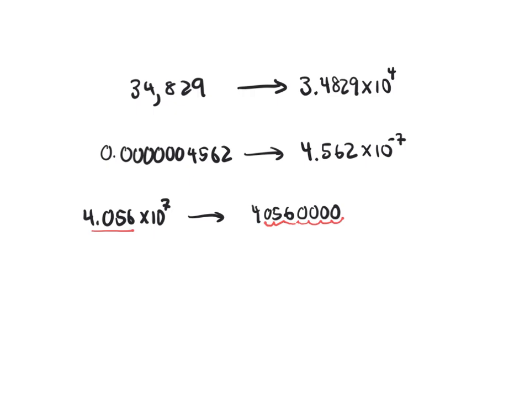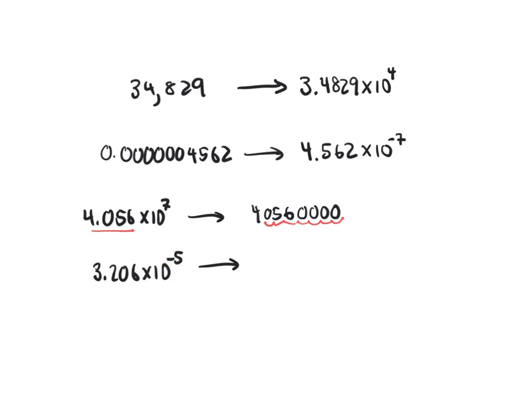Let's do that for a small number. So let's say I had the number 3.206 times 10 to the minus 5. If I'm in scientific notation, this exponent on the 10 tells me which way to move the decimal. It's negative, so I'm going to move it in the negative direction, and I'm going to move it 5 places.